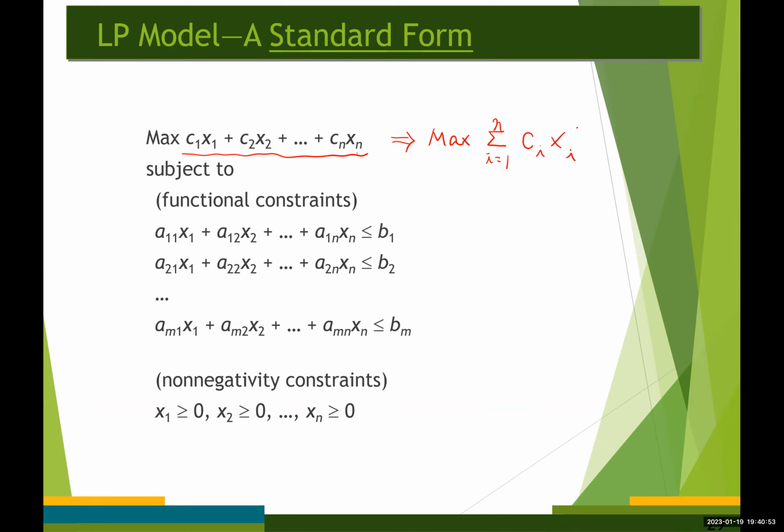Likewise, the first constraint would be the sum over A sub 1j x sub j less than or equal to b1.